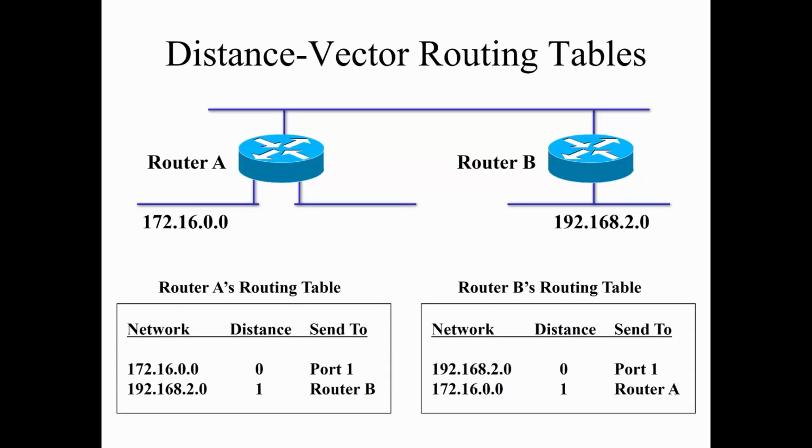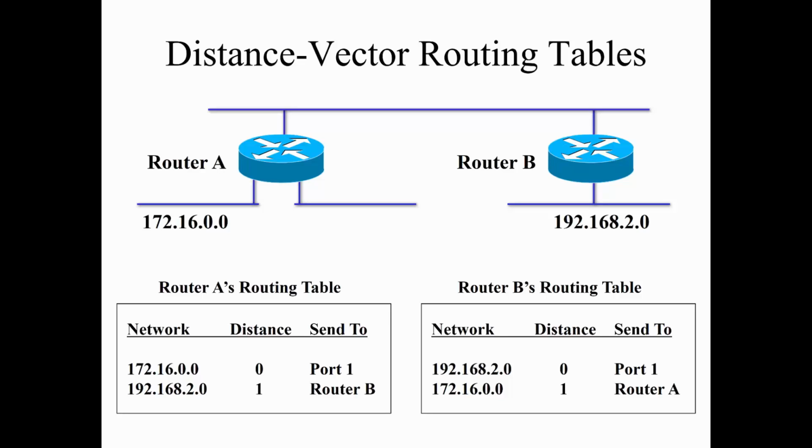Distance vector routing tables, again, distance could be hops, and where to send it. For example, if we're looking at the routing table for router A, 172.16.0.0 is the network. It has a distance of 0 because it knows that's a local network.